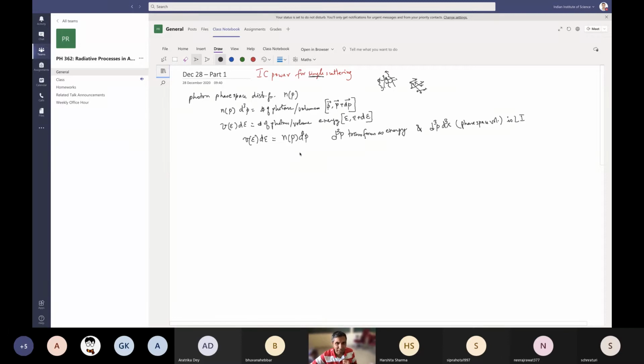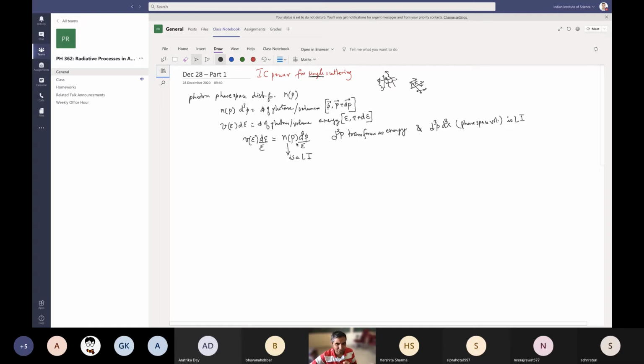So if this is the case, then we can divide both sides by epsilon. So this is the energy of the photons. d3p by epsilon is a Lorentz invariant, and we know that the number in this photon phase space distribution function is Lorentz invariant.